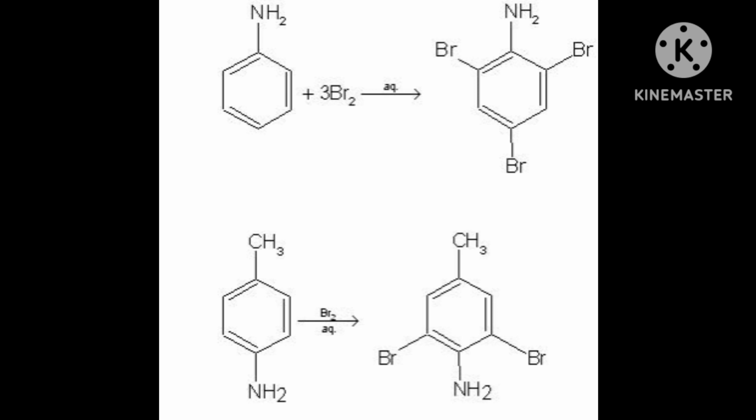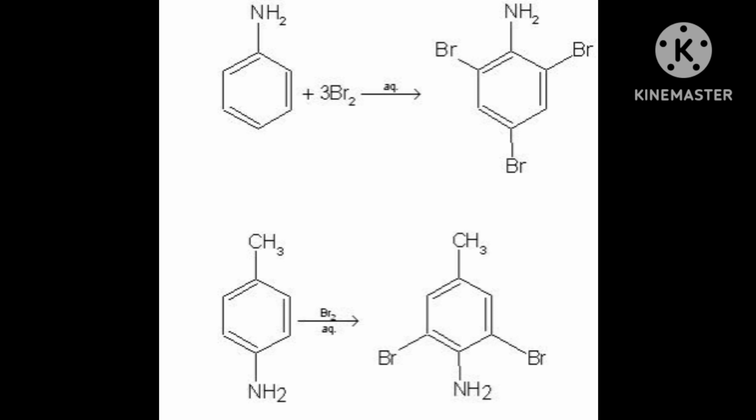Acid anilide is the intermediate, but what you actually want as the final product is bromination. Correct? At this stage you want monosubstituted bromine, only one bromine attached, not three, not two, only one.